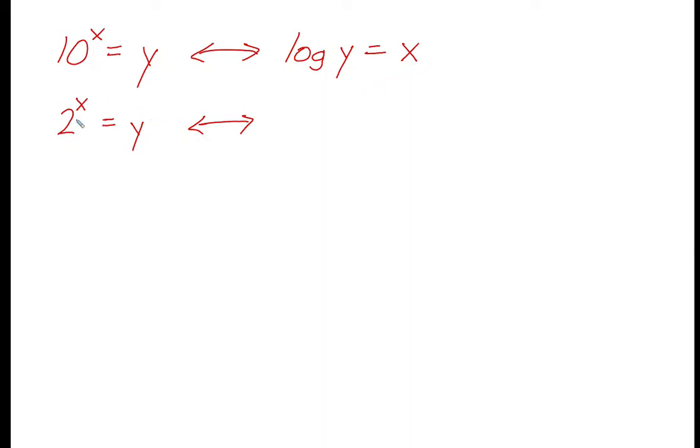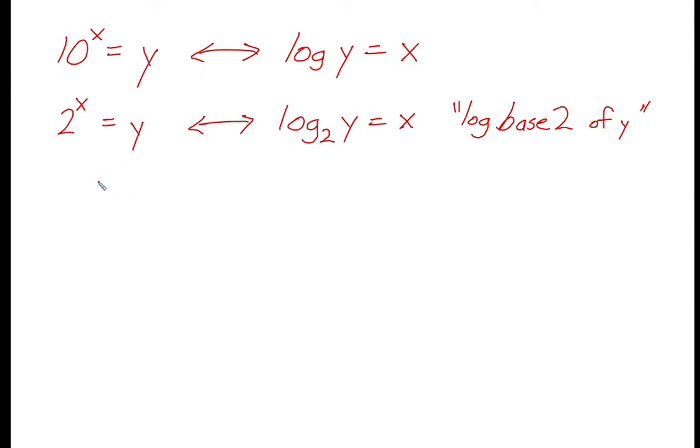Well, that still works even if it was a 2 down here. So there's an inverse function, but we don't want to use the common logarithm because that's for tens. So we use a logarithm, and we say it's the log base 2. The way we say this out loud is the log base 2 of y. And what that means is the base underneath our exponent here is a 2.